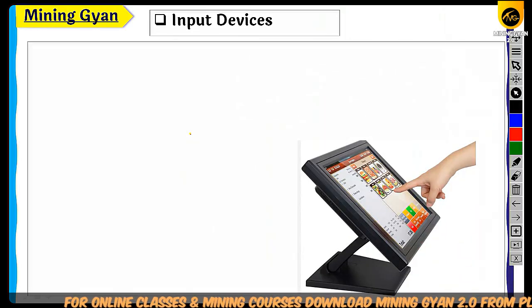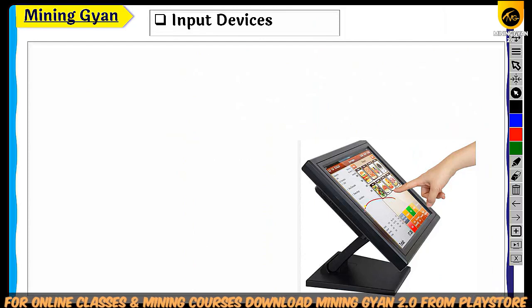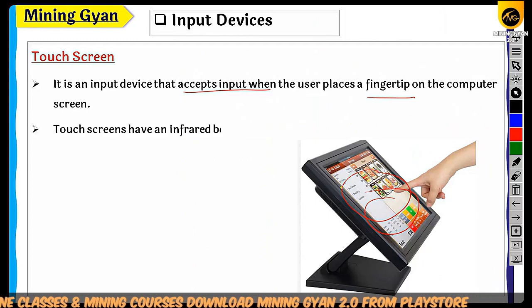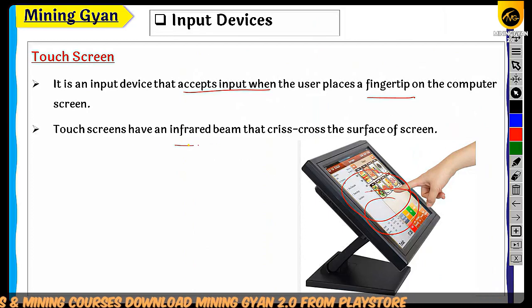Now the next one is the touch screen. A touch screen is an input device that accepts input when the user places a fingertip on the computer screen. It has infrared beams that crisscross the surface of the screen, and it can read those infrared beams.